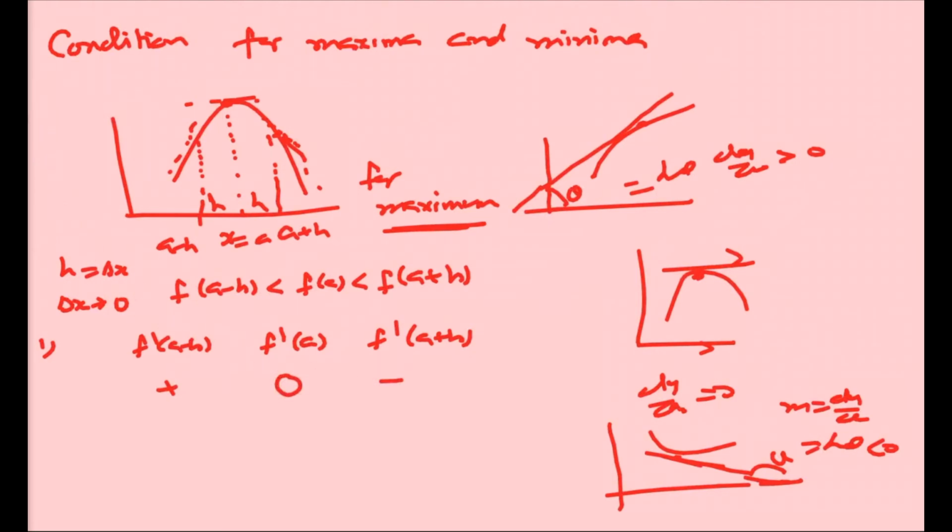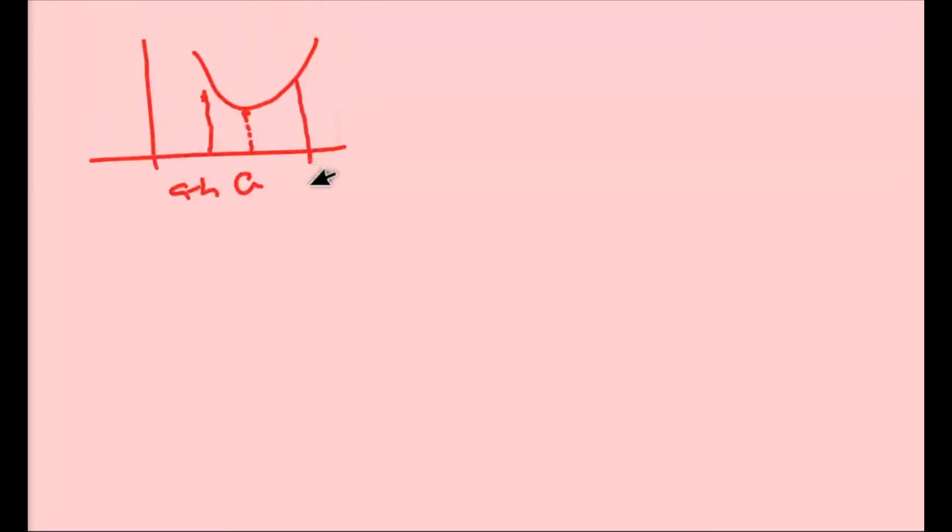Now you can see if the graph is this way and we want to find at a, here we have taken a minus h, here we have taken a plus h. So you can say f(a minus h) is greater than f(a) and f(a) is less than f(a plus h), right?